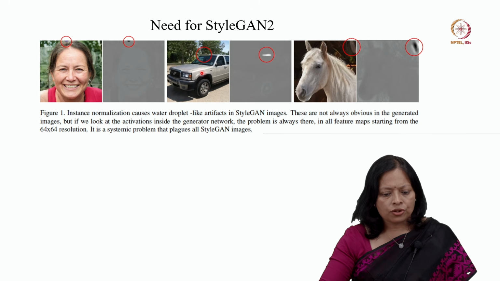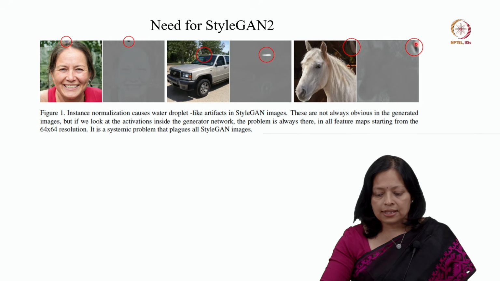Similarly, for this image also, there is an artifact here. So, if you see images and their feature maps, there is some kind of artifact coming everywhere.